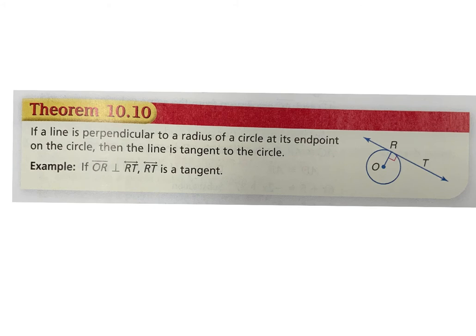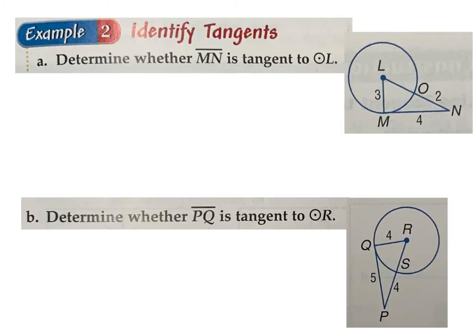All right. So they want us to determine whether or not MN is tangent to the circle L. All right. And so we have a little bit of information here. We have that L to M is 3, M to N is 4, and O to N is 2.